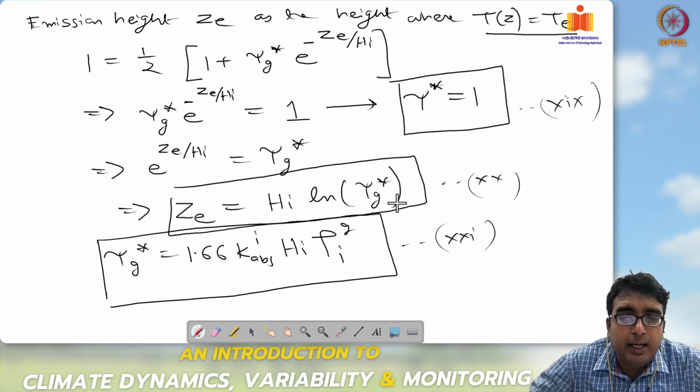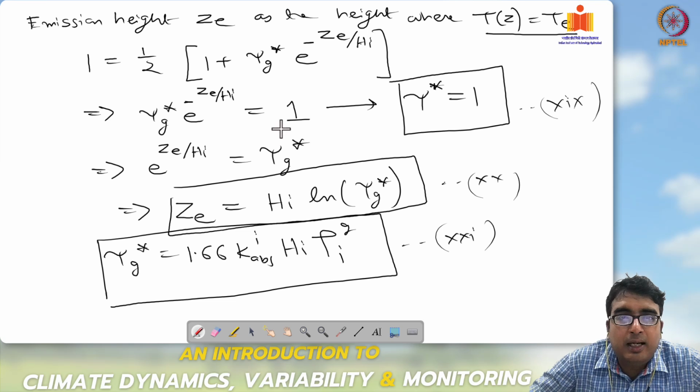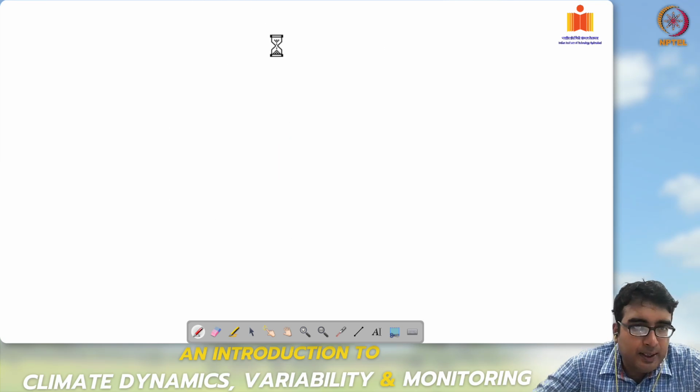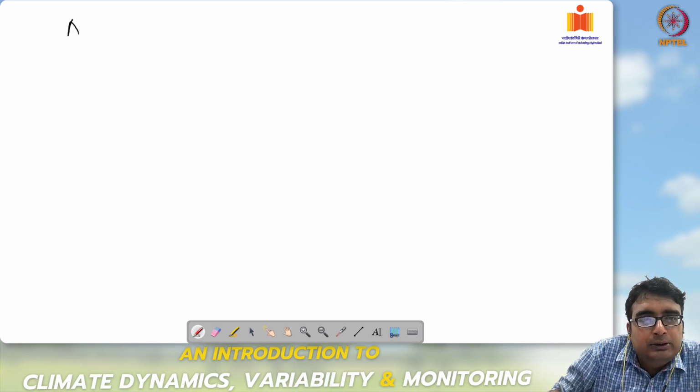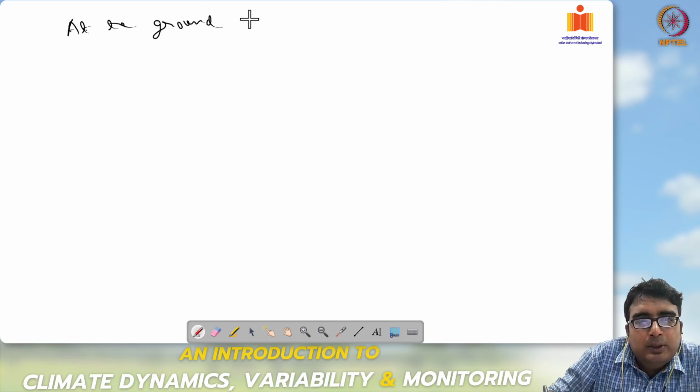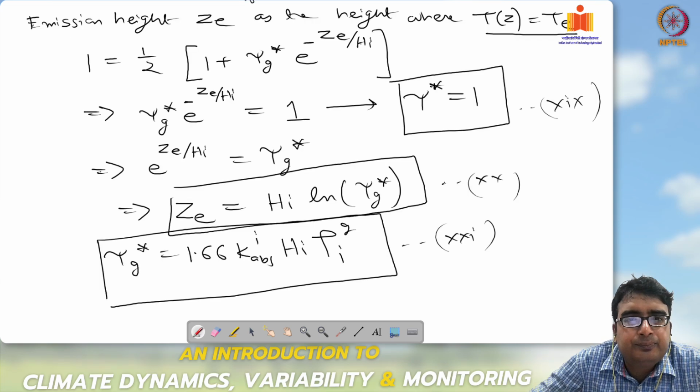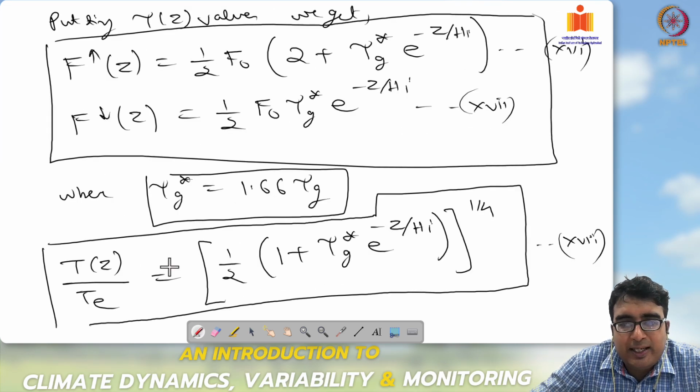Another important point, and this will show some of the limitations of the radiative equilibrium theory, is to see what happens as we are reaching the ground. So at the ground, Z is tending towards 0. If you go to this expression here, Z is tending to 0, so this becomes 1.